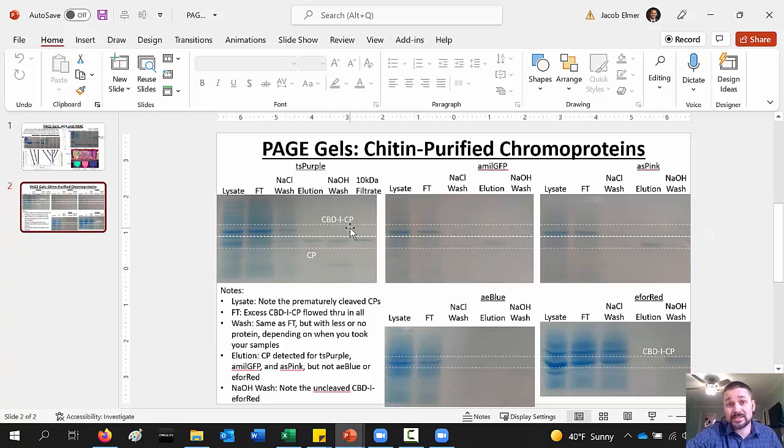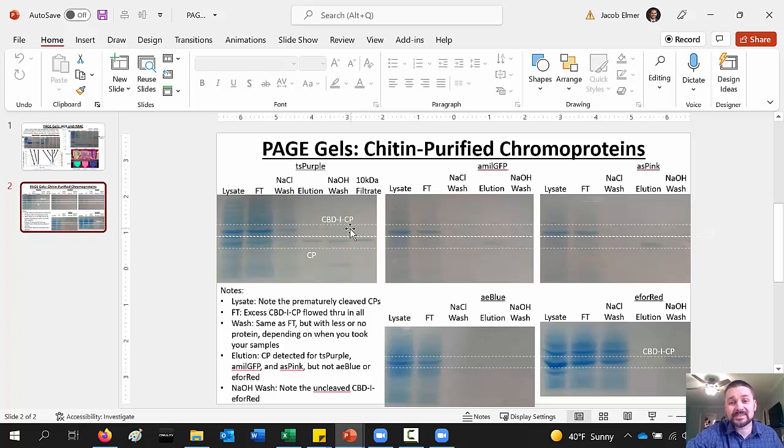So whenever the chromoprotein has the chitin binding domain tag and the intein, it's going to be a higher molecular weight, so it's going to appear larger on the gel. And you can see, here's the fusion protein in the lysate, right? It's that nice dark band. We do see some in the flow through, probably because we saturated these beads. We added so much that some of that protein flowed through.